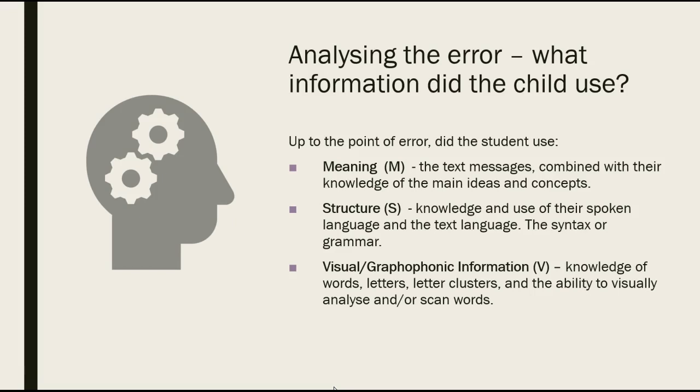Did they use structure, knowledge and use of their spoken language and the text language, the syntax or grammar? Did they use visual or graphophonic information? That's knowledge of words, letters, letter clusters, and the ability to visually analyse or scan words. Let's look at these in a bit more detail.